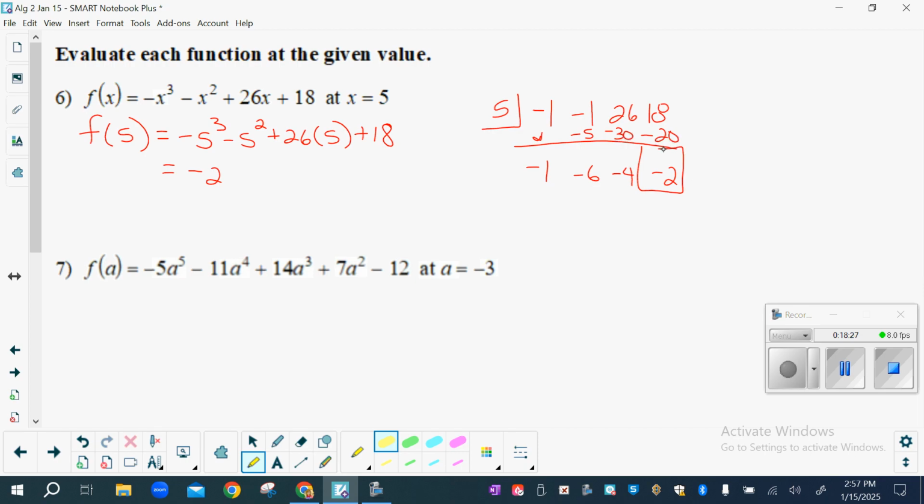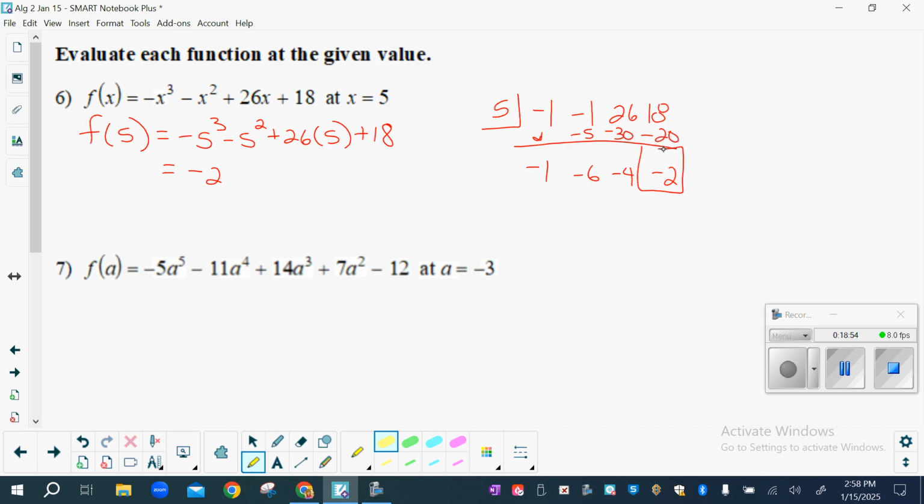What do you notice about what you got here and here? The remainder. Thank you, those of you that are sitting quietly. What is the same here? The remainder is the same as this here.